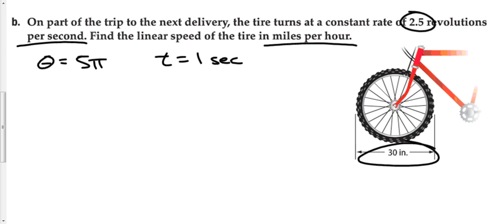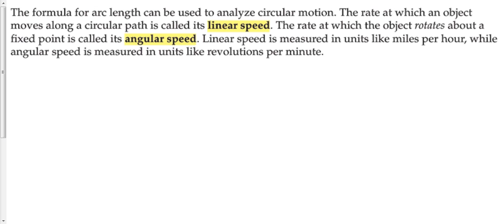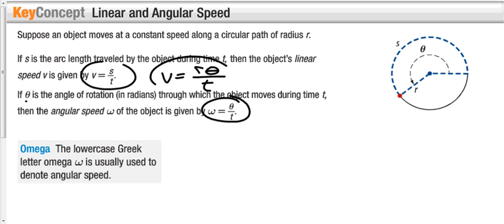The formula for arc length isn't diameter. I need my radius, but if I know my diameter is 30, my radius is going to be 15 inches, of course. Okay, so now I have all the information that I need, and if we go back to my formula, ooh, there it is. Okay, we know that V is equal to R theta over T.